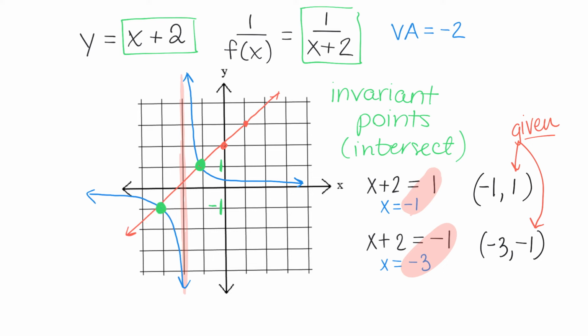Now, if you have a quadratic, you need to follow the same steps. Don't let a quadratic get you. If you've got 1 over x squared, this is not a huge deal. All you're going to do is set that equal to 1 and -1 again.